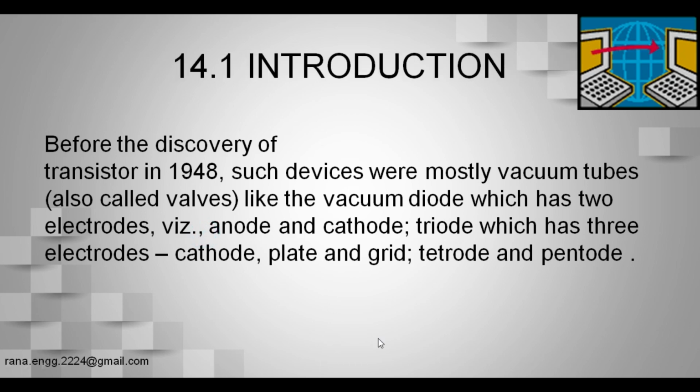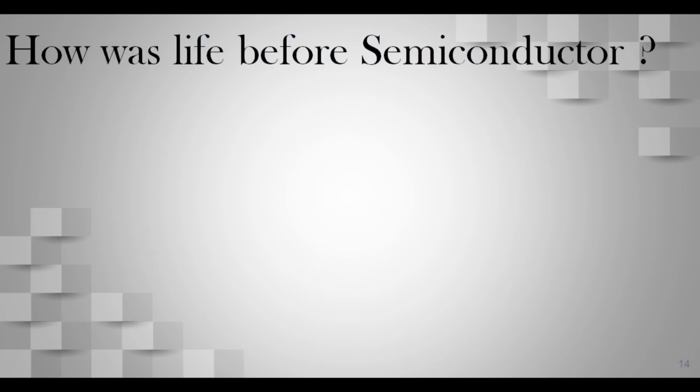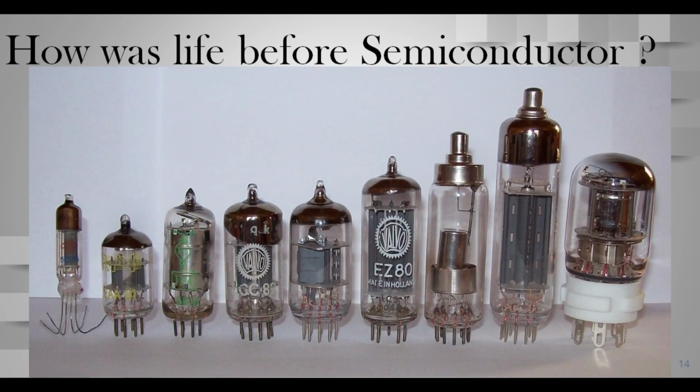So what is the history of these semiconductors, and how did we get the requirement for these semiconductors? To understand that, we have to look into the history. Let us discuss how life was before semiconductors. Before the usage of semiconductors, the systems were made using vacuum tubes.